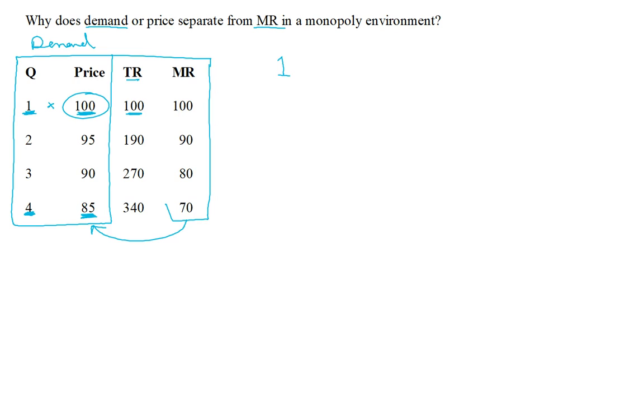Now, let's look at what happens if the firm decides to produce a second unit. Originally the firm was producing 1 unit and selling it for $100. Now they're going to produce 2 units, and they're going to sell those for $95 each. The price is going to fall to $95. So what happens on the margin?